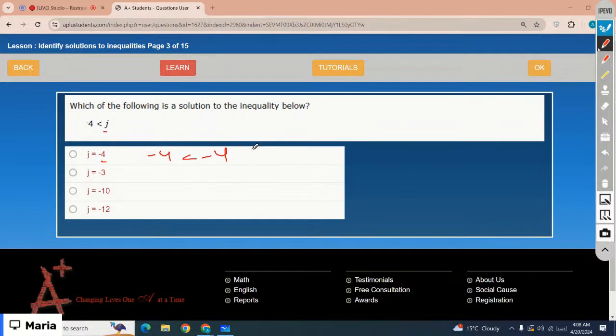Negative 4 is less than negative 4? No. Negative 4 is less than negative 3? Yes, true it is. Negative 4 is less than negative 10?